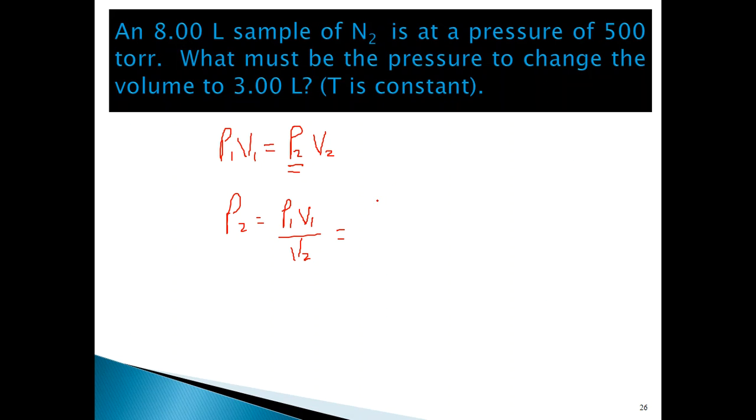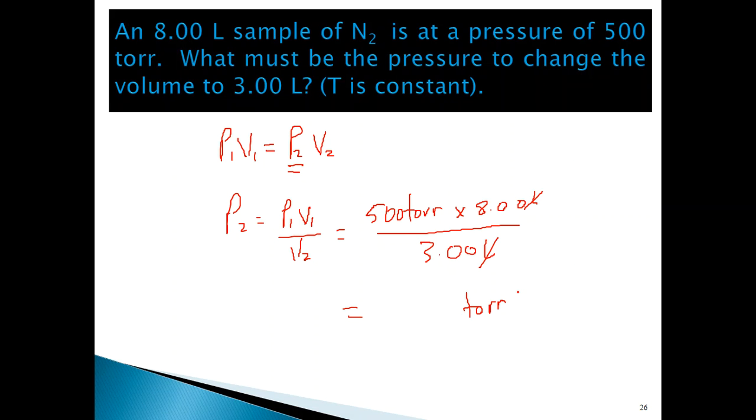Now the initial pressure is 500 torr. The initial volume is 8.00 liters. And the final volume is 3.00 liters. All right? So the liter units cancel out, so your answer will be left in torr units. So what I would do is use my calculator to find 500 multiplied by 8 divided by 3.